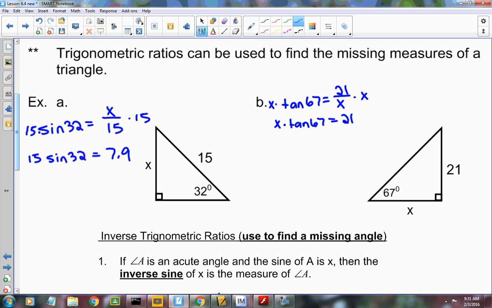So to get x by itself, what am I going to do? Divide by the tangent of 67. So in my calculator, I'm going to type 21 divided by the tangent of 67. And I should get 8.9.